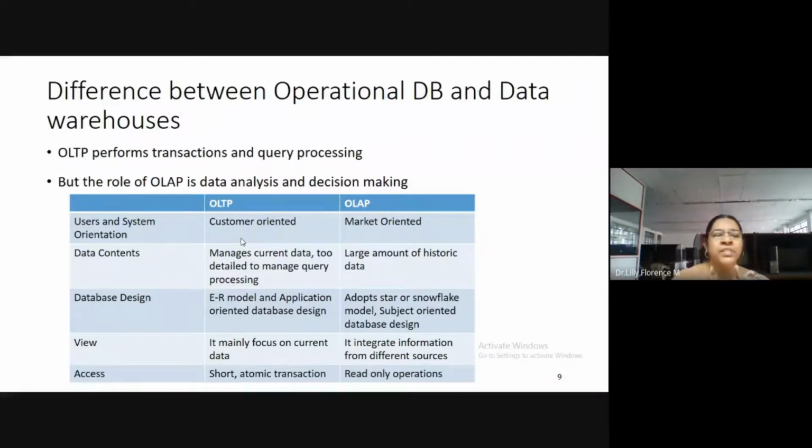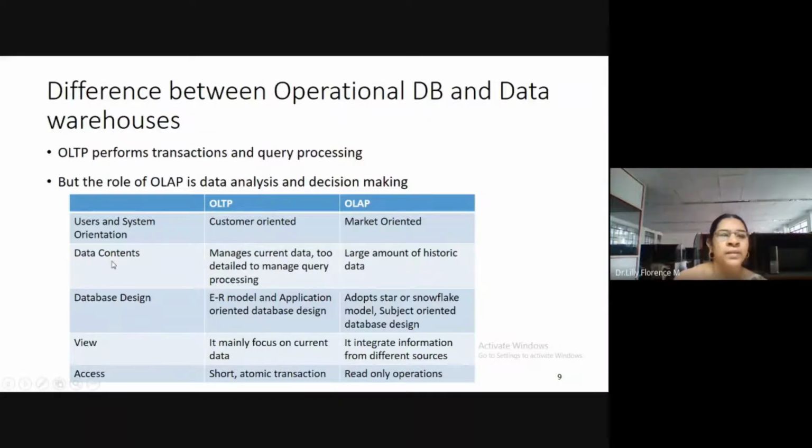One thing is, our traditional DBMS performs online transaction processing, but a data warehouse performs online analytical processing. So the normal database helps with transaction processing applications, while the data warehouse applies to the analytical process. That is a major difference between the operational database and the data warehouse.